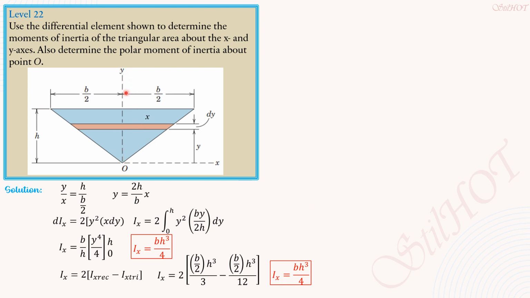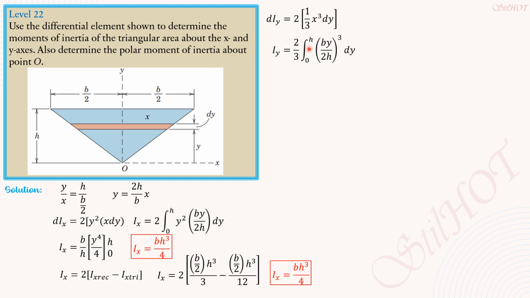Iy, differential Iy is 2 times 1/3 x cubed dy. We have a rectangular strip with respect to the y-axis, dy. And x is by over 2h. So Iy is 2/3 integral from 0 to h of by over 2h cubed times dy.